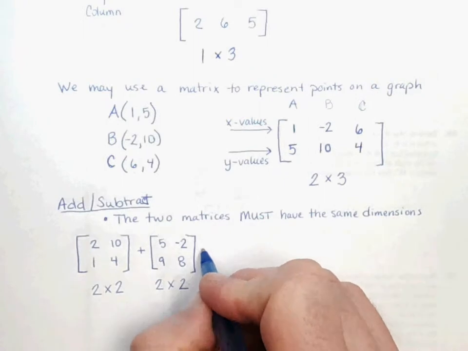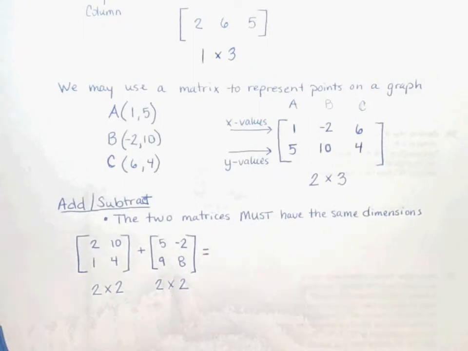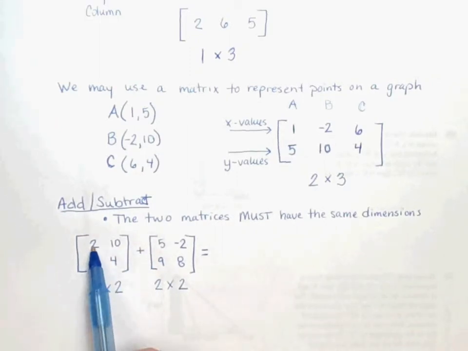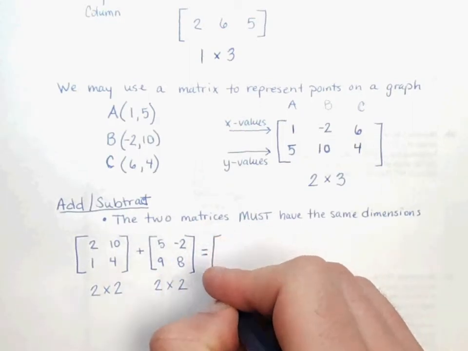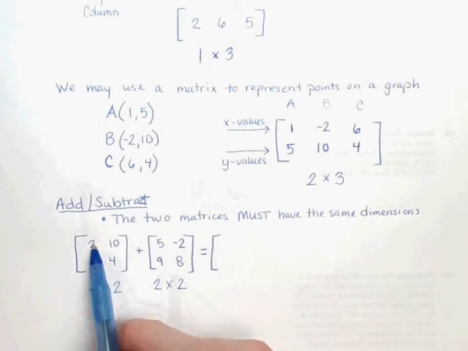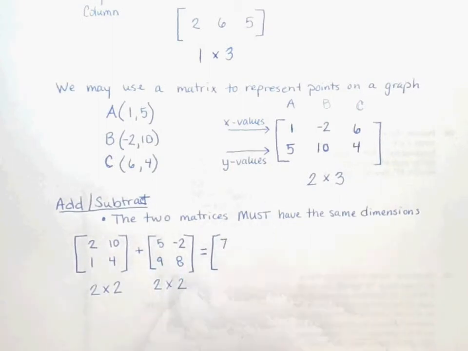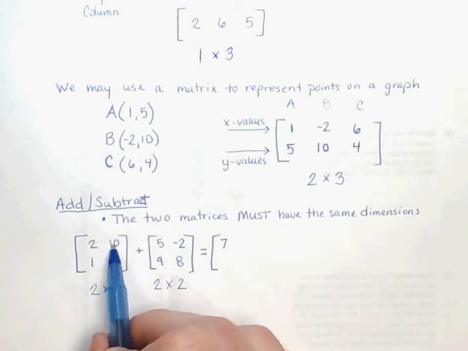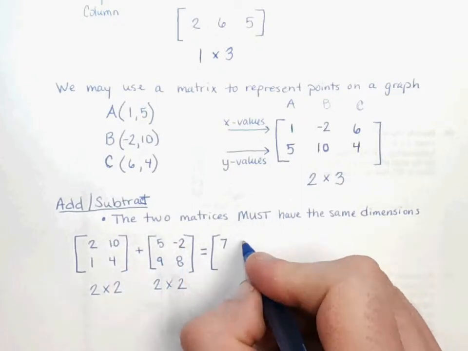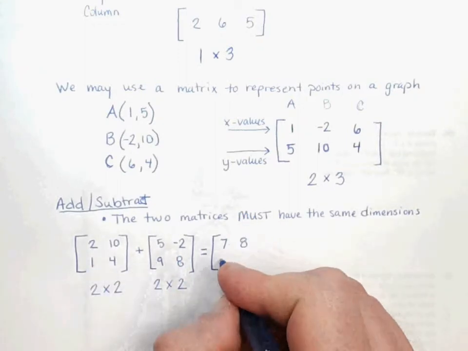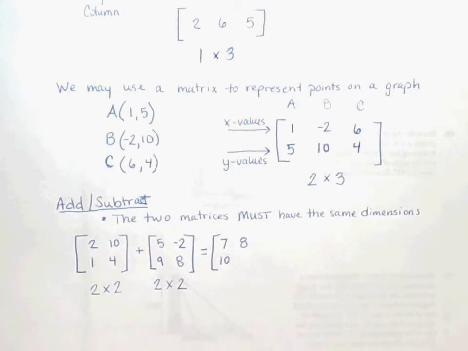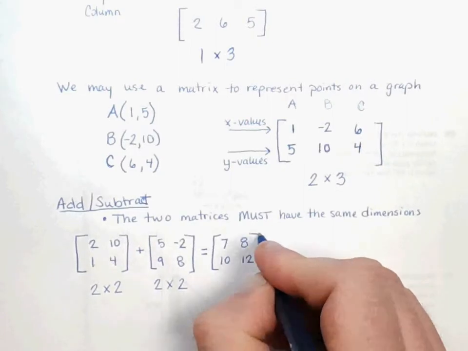That means I can add them. The way that we add them, we just add the numbers that are in the same position. For instance, 2 is in the top left, and we're going to add it to 5 that's in the same position, top left. So, 2 plus 5 is 7. 10 plus -2 is 8. 1 plus 9 is 10. 4 plus 8 is 12.